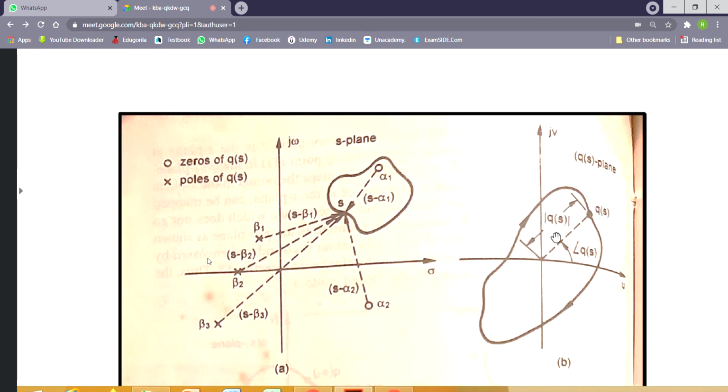This is my QS phasor, and delta QS is minus 2 pi. Hence, the QS phasor will complete one single rotation about this origin, about this point.